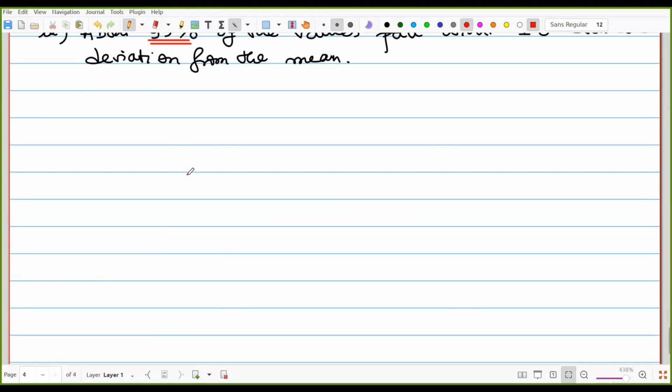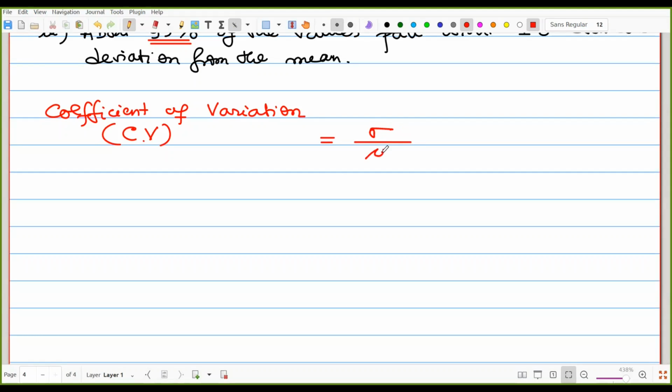For that, we need to find another term that is called the coefficient of variation, and that is called CV, and that is in terms of sigma by mu into 100.